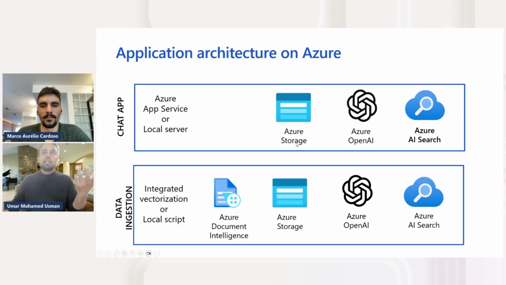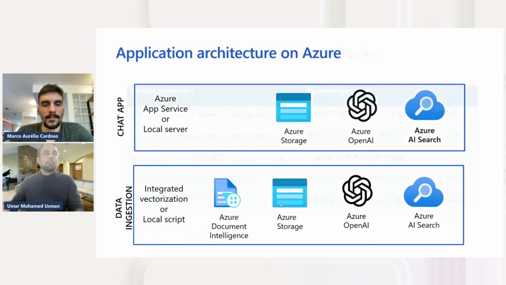You need AI Search to index that data, and then you need OpenAI to really chat with your data. If your document has PDFs with images and so on, you can use cognitive skills like Document Intelligence to make meaning out of those images as well.